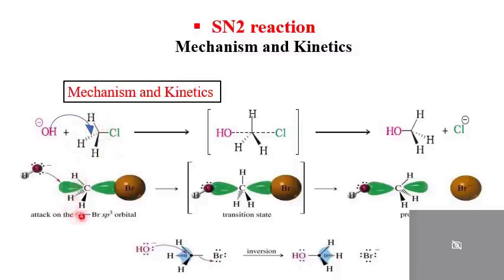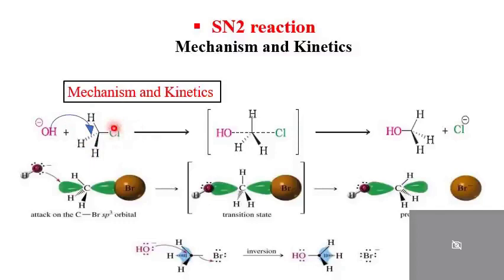This is also CH3Br. That means the alkyl halide, which is a primary alkyl halide, is a substrate of the SN2 mechanism. This OH negative is a nucleophile. This OH negative will attack from the backside on the carbon of the substrate. Therefore, the OH negative nucleophile will attack the carbon of CH3Cl.